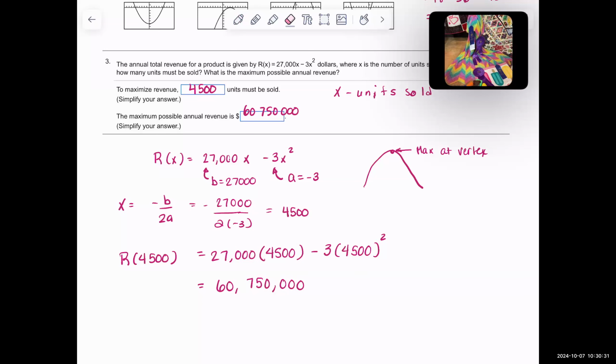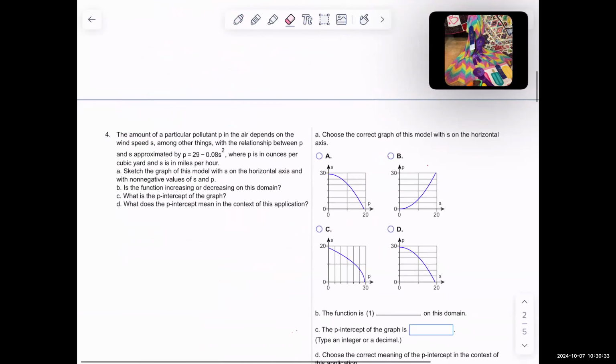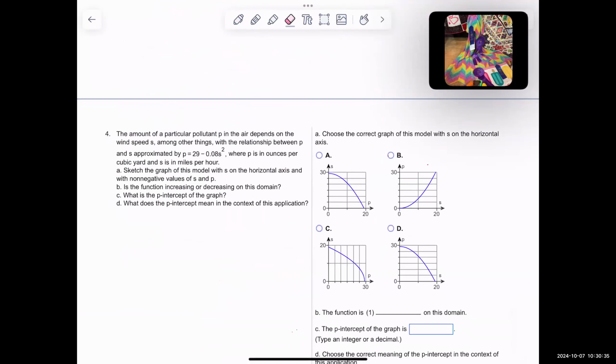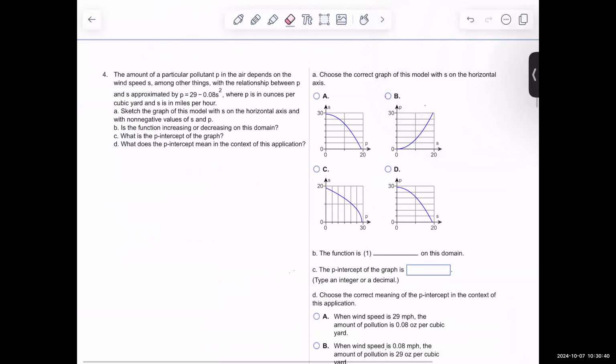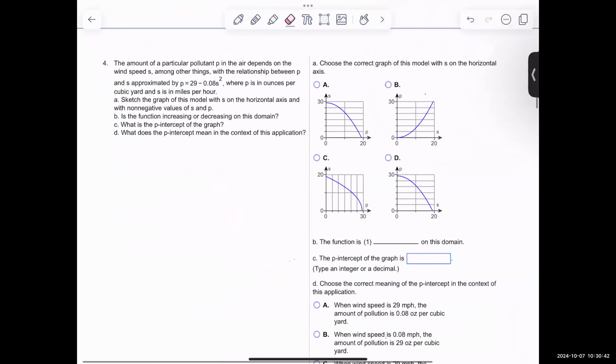Problem 4. The amount of a particular pollutant, P, in the air depends on the wind speed, S, among other things.